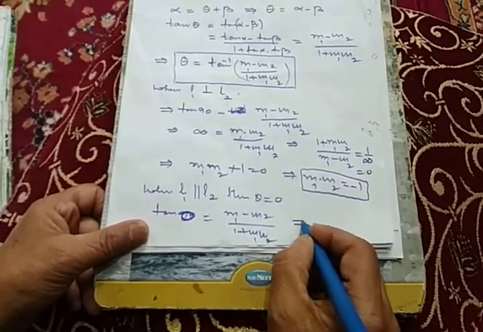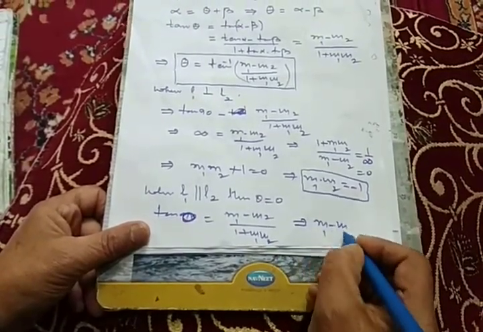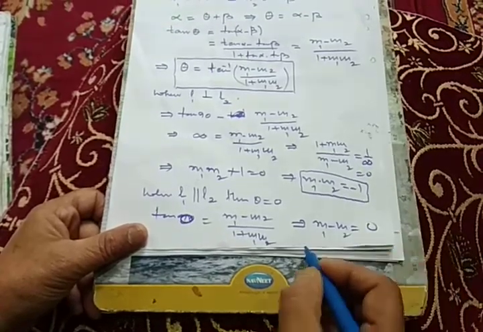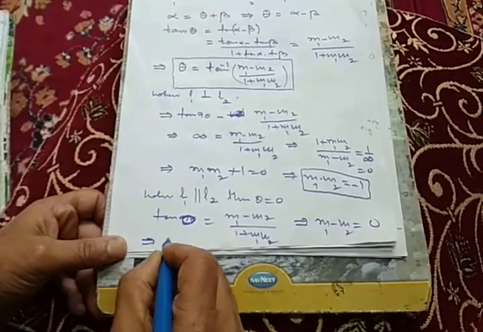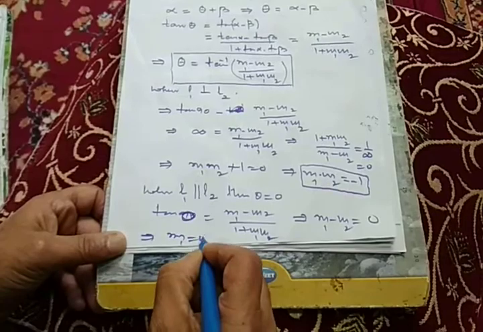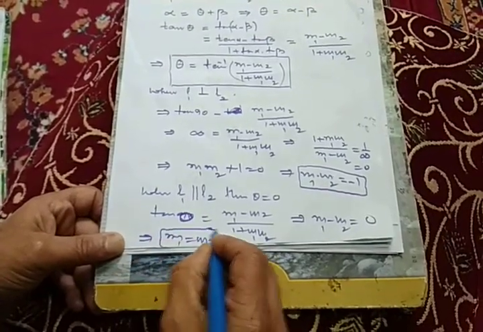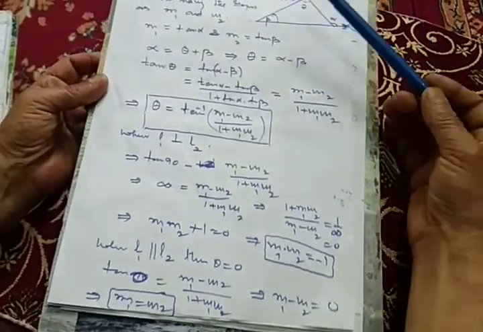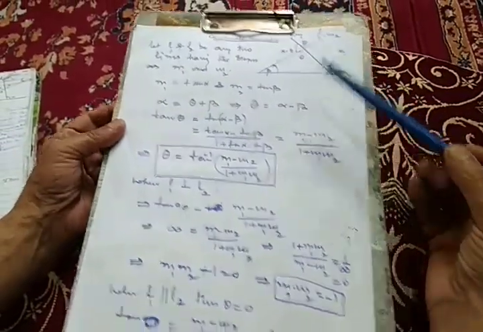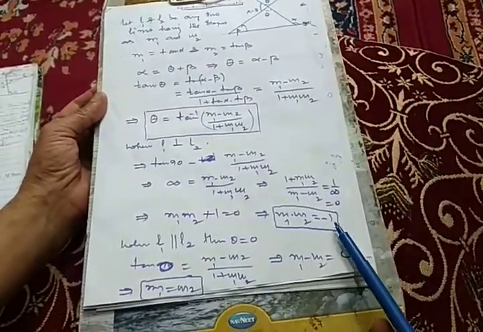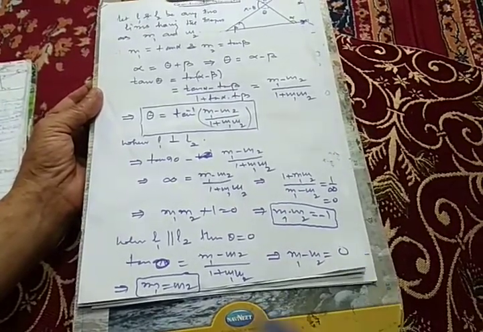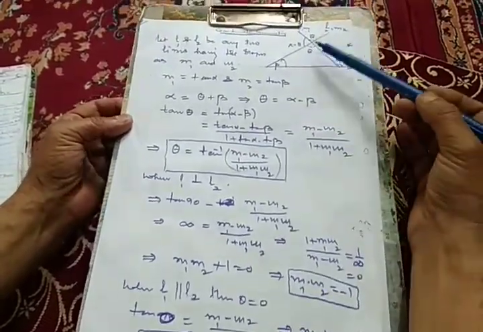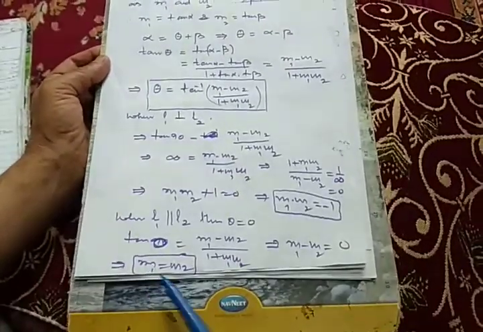That means M1 minus M2 will be equal to 0, which implies that M1 is equal to M2. So we have deduced two important results. The condition of perpendicularity of the two lines L1 and L2 is that the product of their slopes is minus 1. The second important conclusion is that when the two lines are parallel, the slopes are equal.